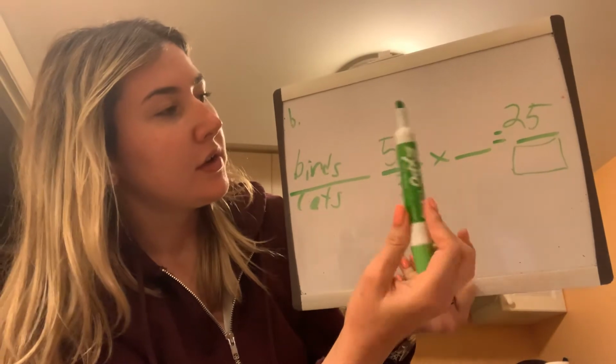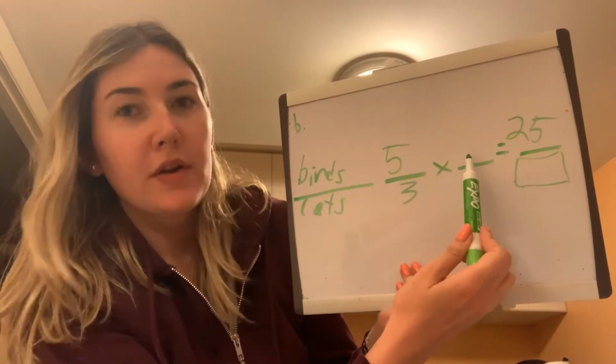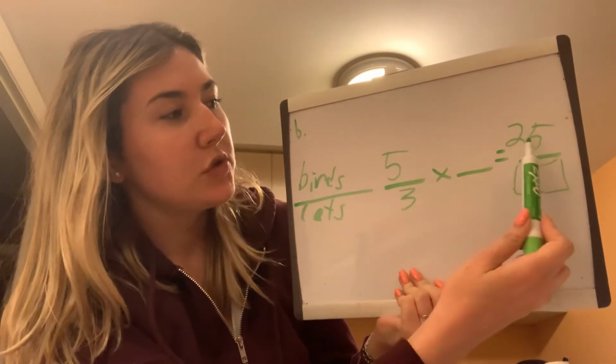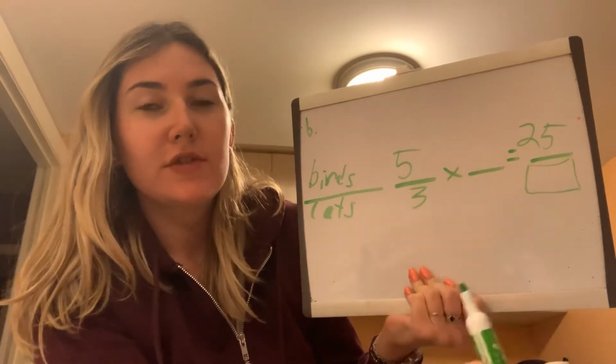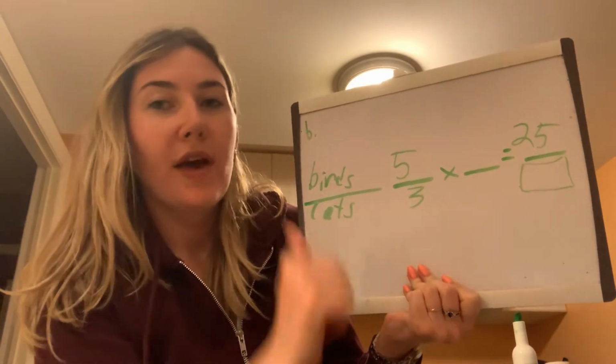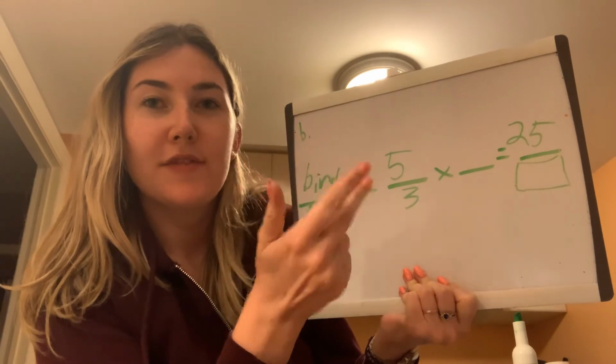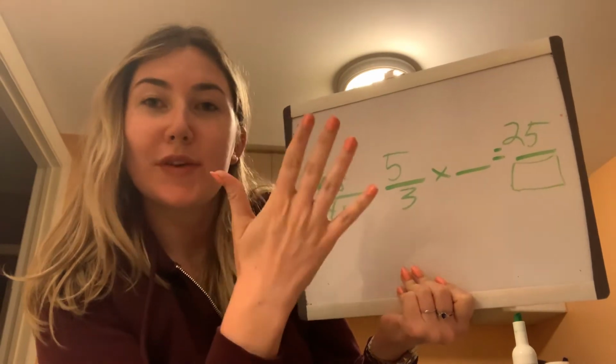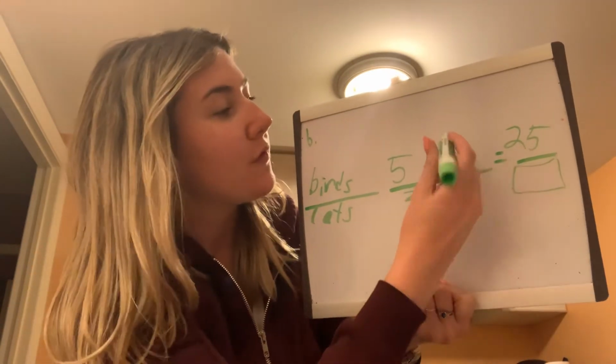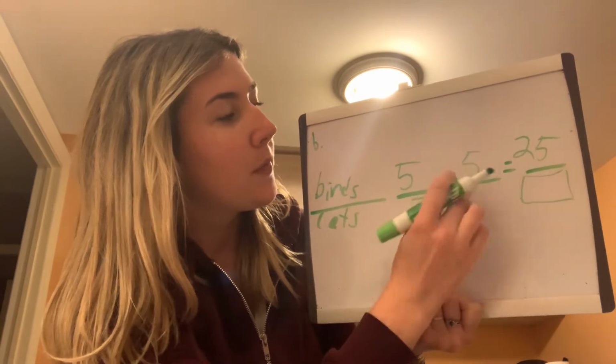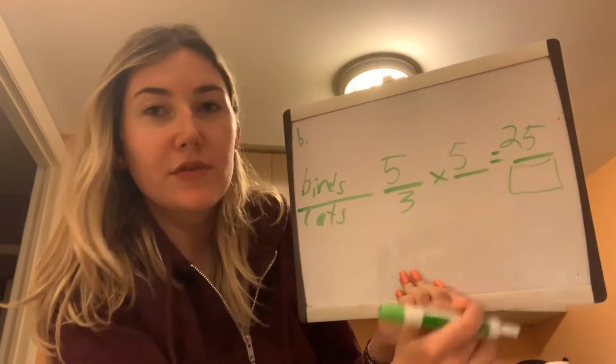So we can look, what number can we multiply by 5 to get 25? We can even do some skip counting. We have 5, 10, 15, 20, 25. So 5 times 5 will give us 25.